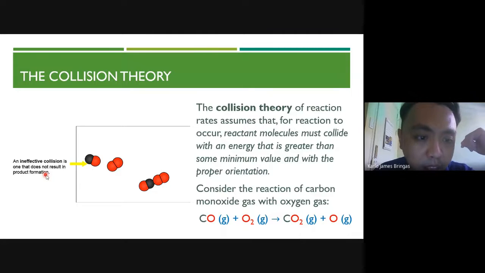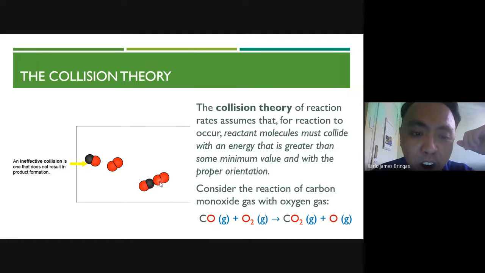Now at this point, we're done with this pair at the top. Let's look at the second pair at the bottom. As you can see in here, this one seems to be more properly oriented. First off, our oxygen and carbon monoxide are colliding with each other head to head.